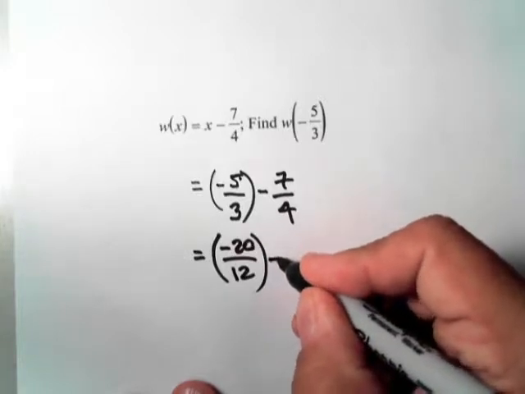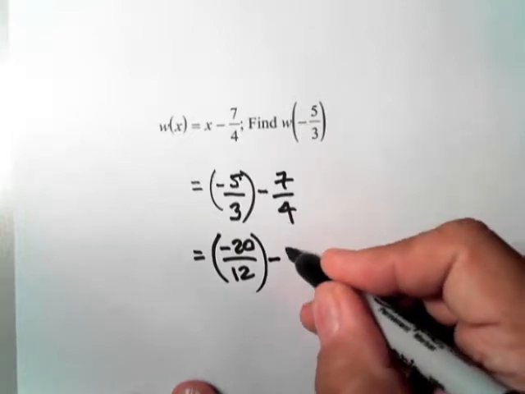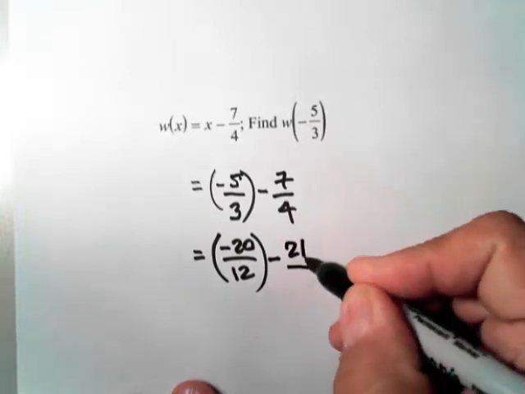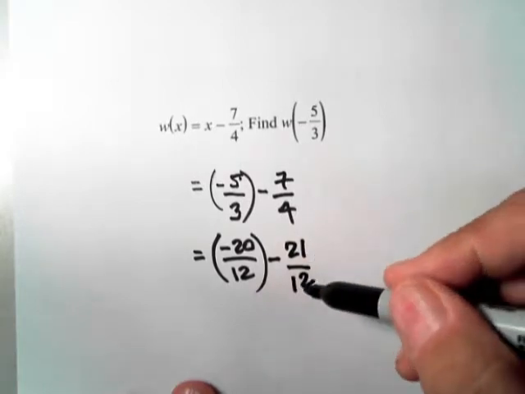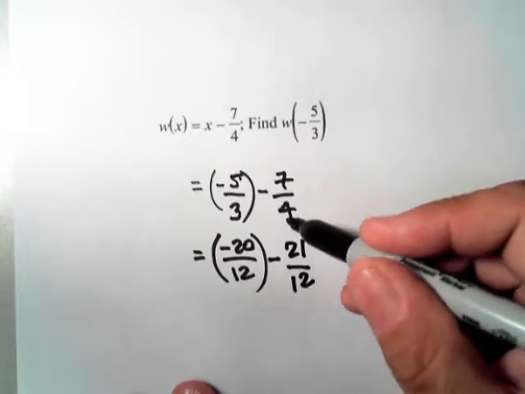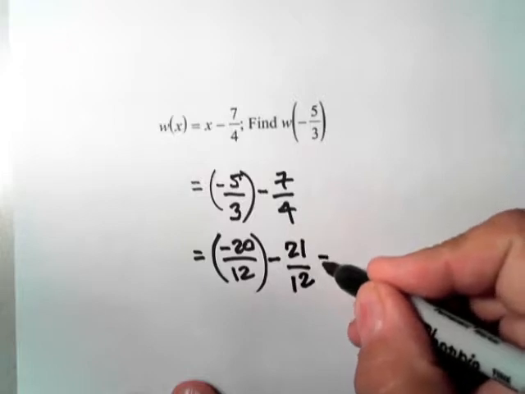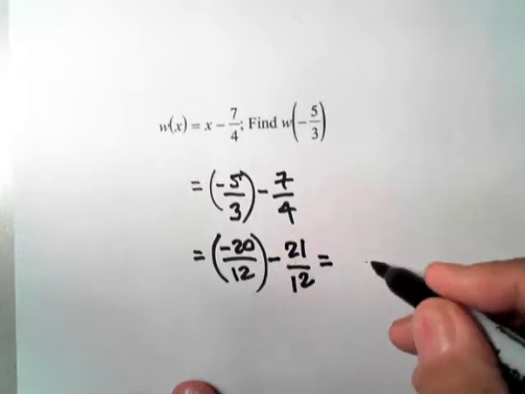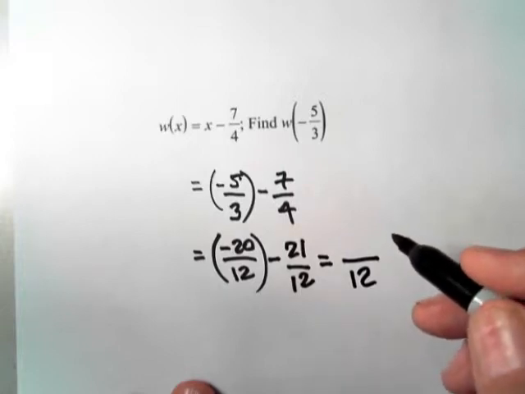Now the second one over here, I have to multiply top and bottom by 3. So -21, 3 times 4 is 12. Now if I double check this, 3 goes into 12 4 times, 3 goes into 21 7 times. So I look good. Well, these are both negative. Of course, we've got our common denominator 12.